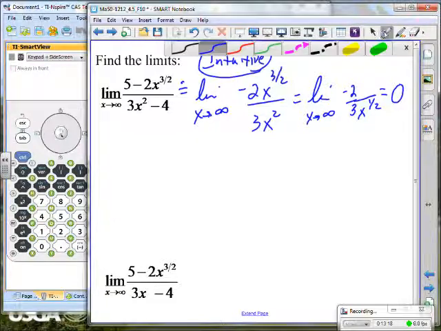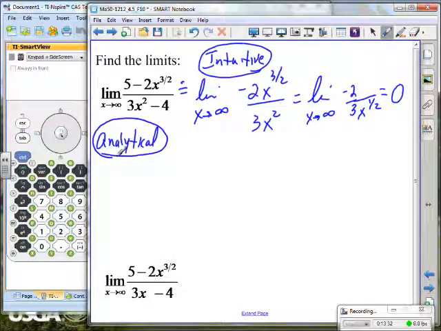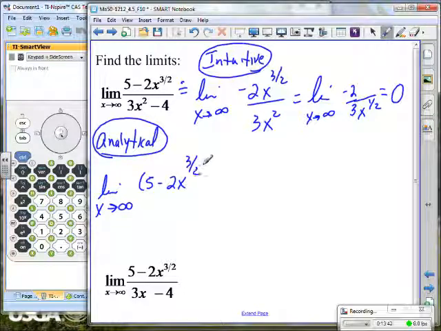But if we can think about it intuitively, then we're close to being able to reason out why our answers are correct or incorrect. Now, let's look at it in a more analytical way. If I have the limit as x approaches infinity, I'll put those in parentheses.